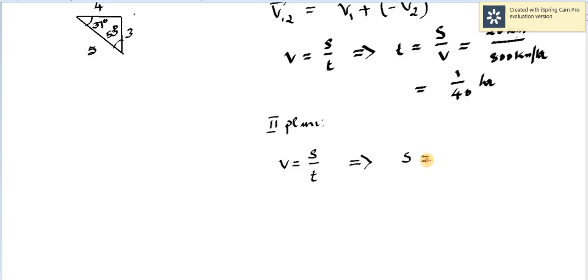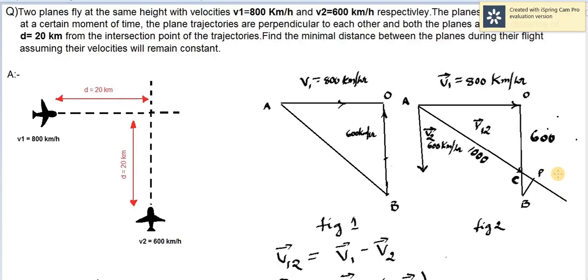So S is equal to velocity into time. Velocity is the velocity of the second plane, that is 600 kilometers per hour, into time. Time is 1 by 40th hour. Why are we taking 1 by 40th hour? Because at that point in time, the first plane would have reached the point O here.